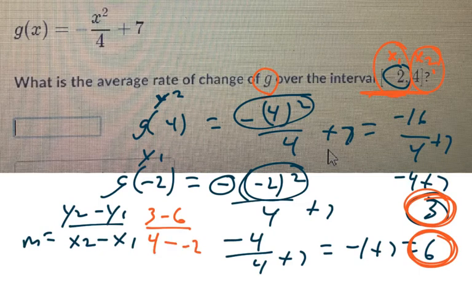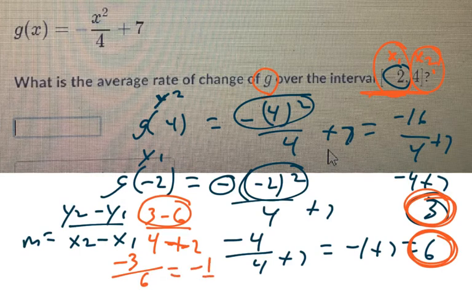Watch your signs. So notice I get negative 3 over, and minus negative makes a plus 2. So I get a 6. And that's negative 1/2. So you would either type in negative 1/2, or you could type in negative 0.5.